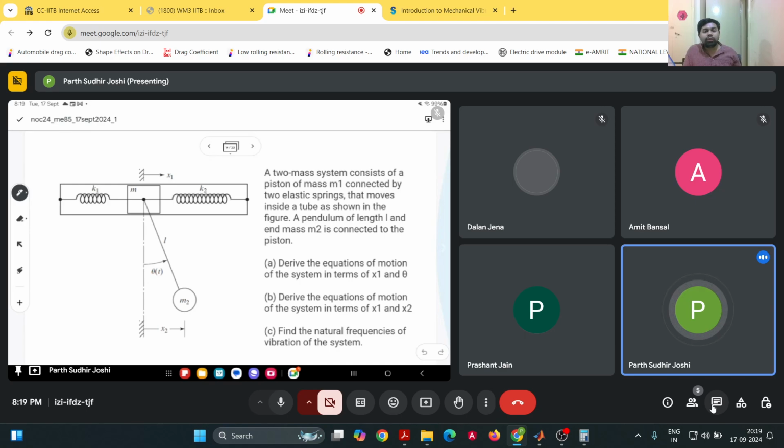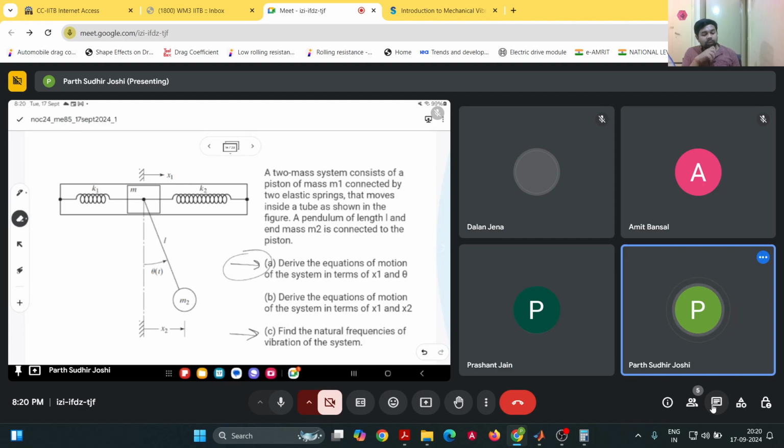So we'll try either problem A or B, and then we'll derive the natural frequencies of vibration of the system C. In the interest of time, we can just try either part A or B. So let us choose part A. Then you can try solving using B on your own, and then we can derive the natural frequencies of vibration for this system.